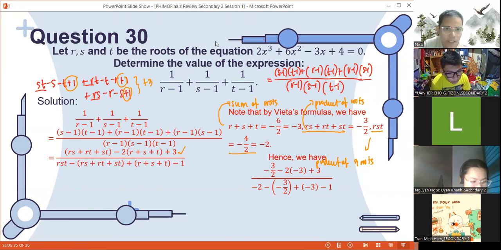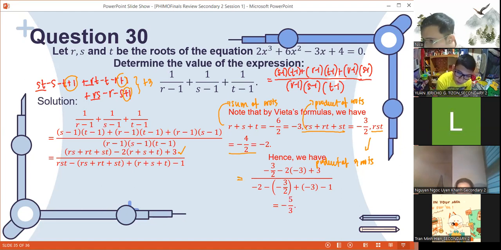So this is the formula here. So you just need to simplify further using Vieta's formula, right? When you're done solving for it, you can just go further, which is simplifying to negative 5 over 3. So that's the answer.